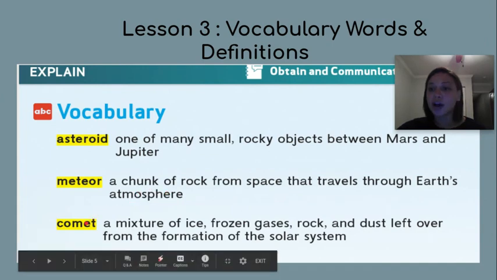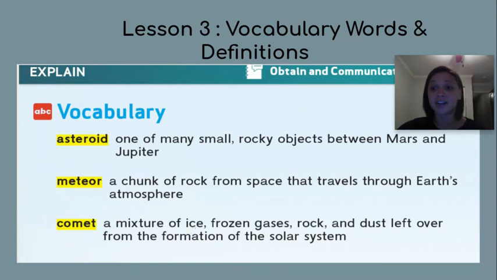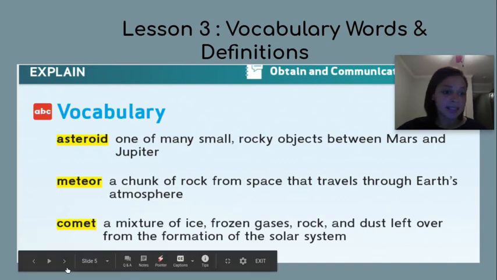And we're going to be talking about comet in the next lesson, which is a mixture of ice, frozen gases, rock, and dust left over from the formation of the solar system. So we're going to be looking at some examples and finding out the characteristics and comparing and contrasting each of these objects that are found in space.